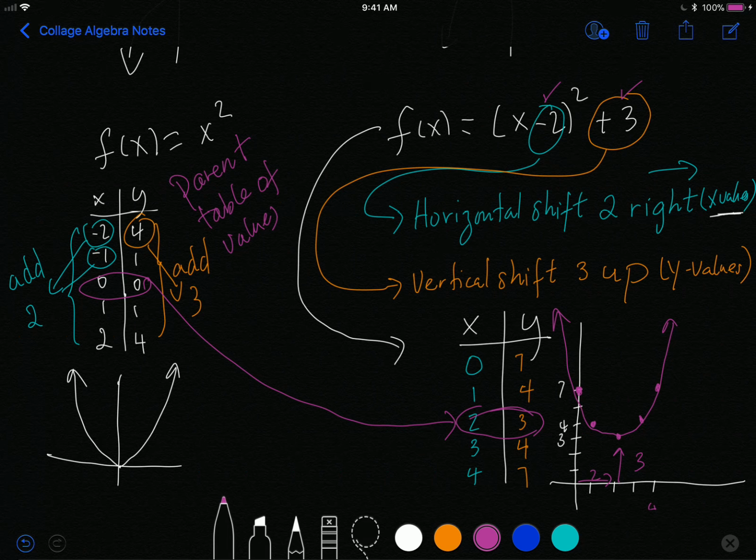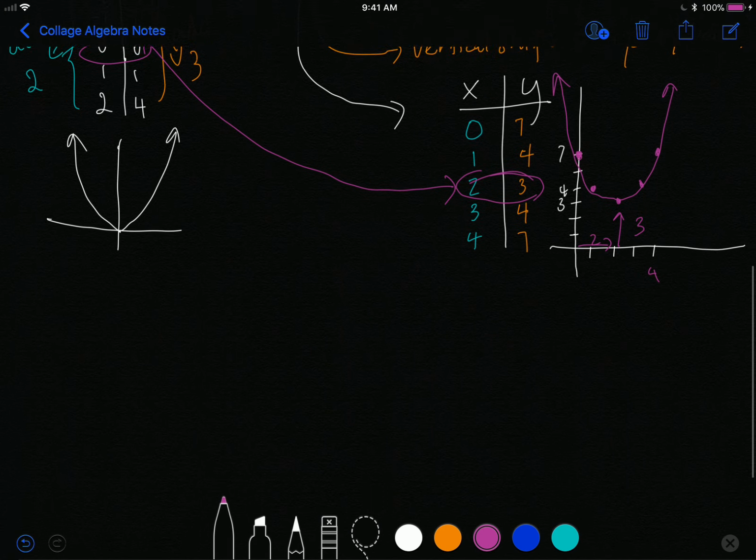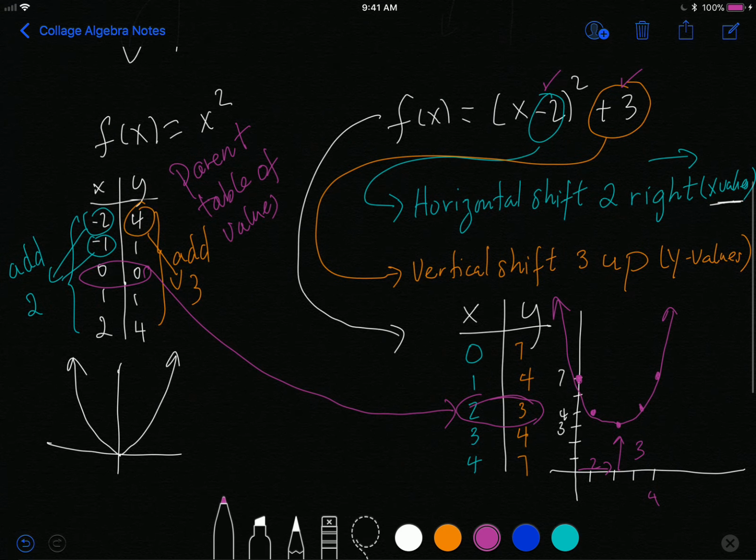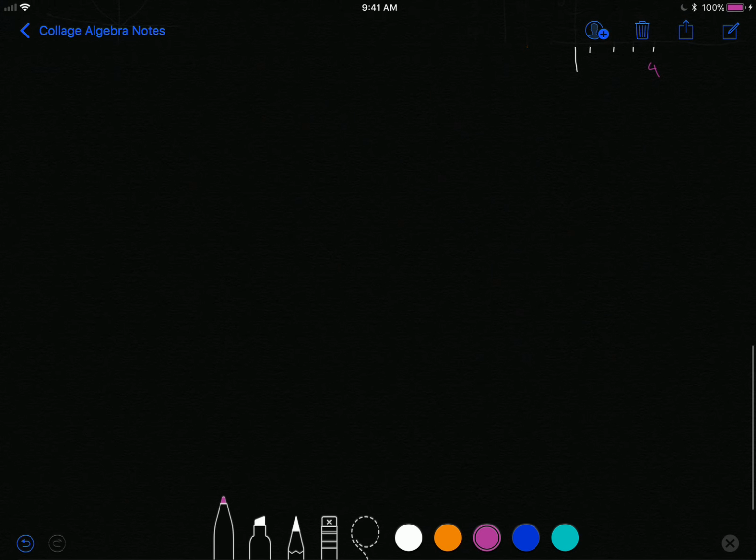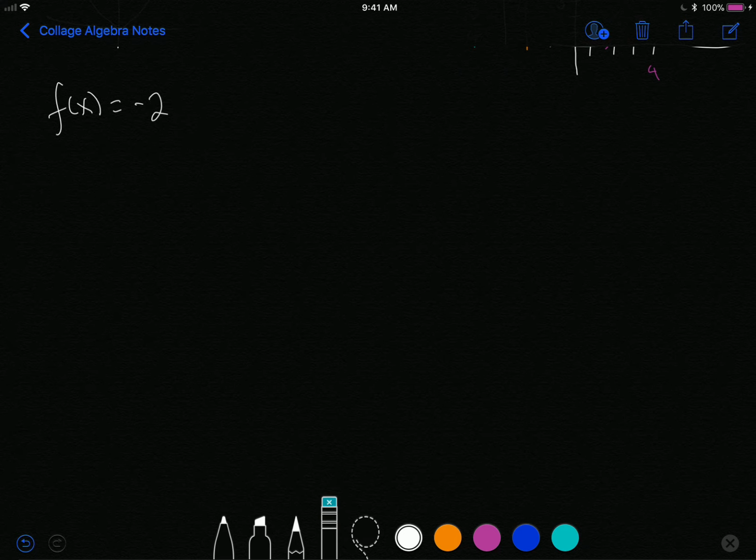Let's do another example, one that's a little bit more complicated, shall we? If this wasn't complicated enough. So let's say I want to graph f of x is equal to negative 2 times the square root of x plus 3, minus 2.